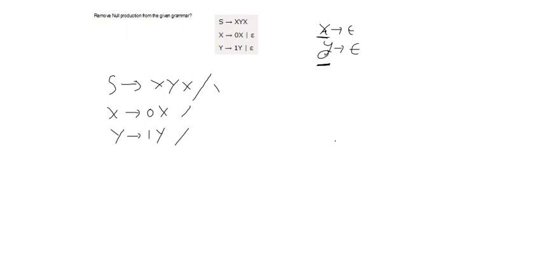You will get XY. Assuming that the first X is null, you will get YX. Assuming that Y is null, because Y is also a null producer, you will get XX.